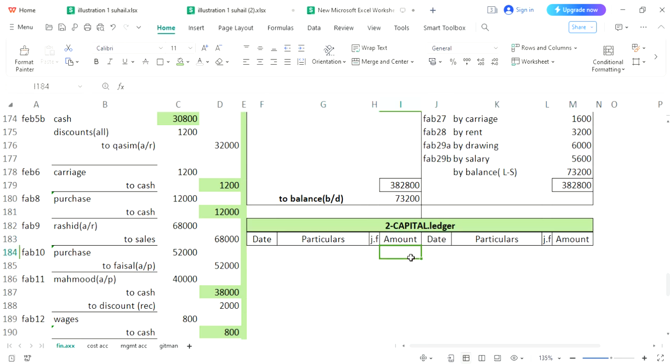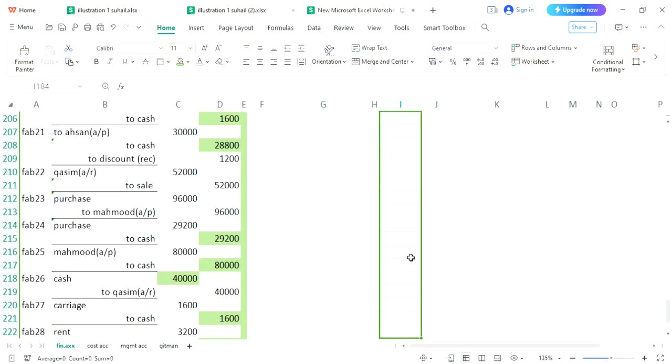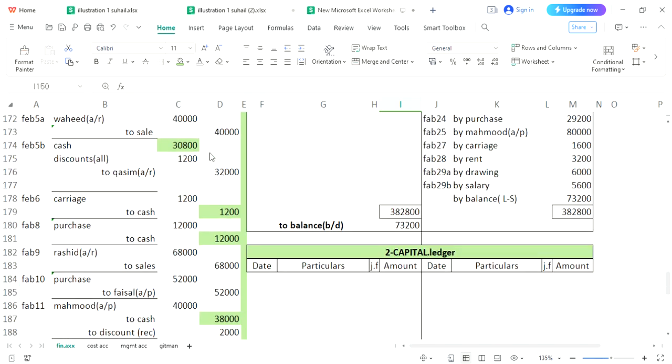Previously we were making ledger for cash and we were focusing on cash amounts present in journal entries. Right now you will be focusing on capital. All entries present in journal, if related to capital, if they are present on debit side in journal, we will choose debit side of capital as well. Now let's start our search for the capital.